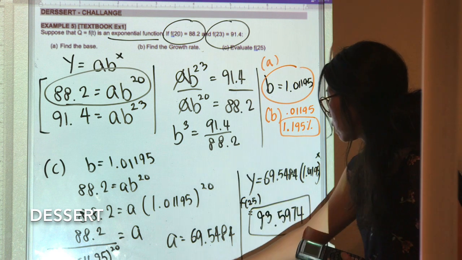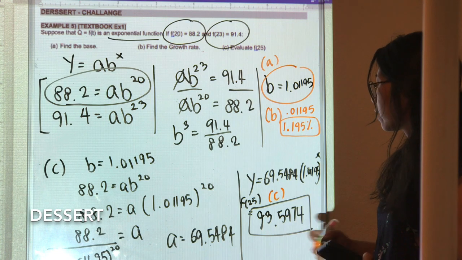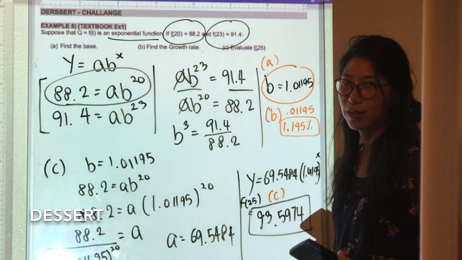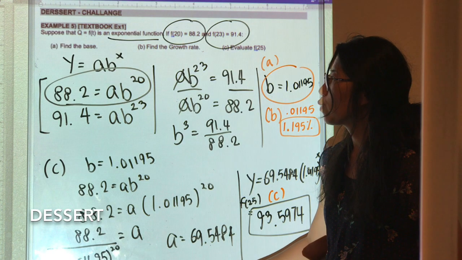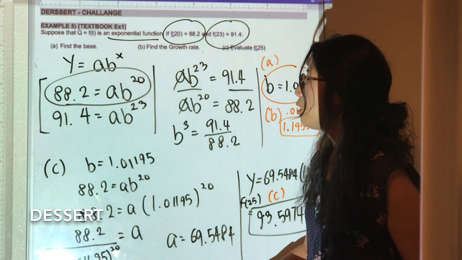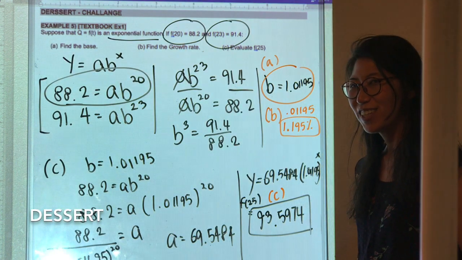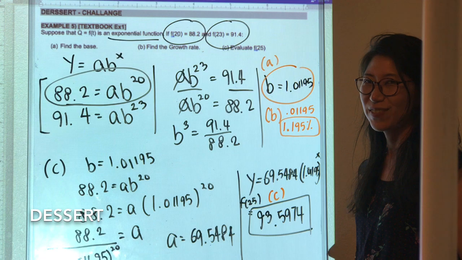So my value evaluating at 25 is this value. Okay. I want you to try in-class activity number 5 and compare the answer after you finish it. Good luck doing your in-class activities.